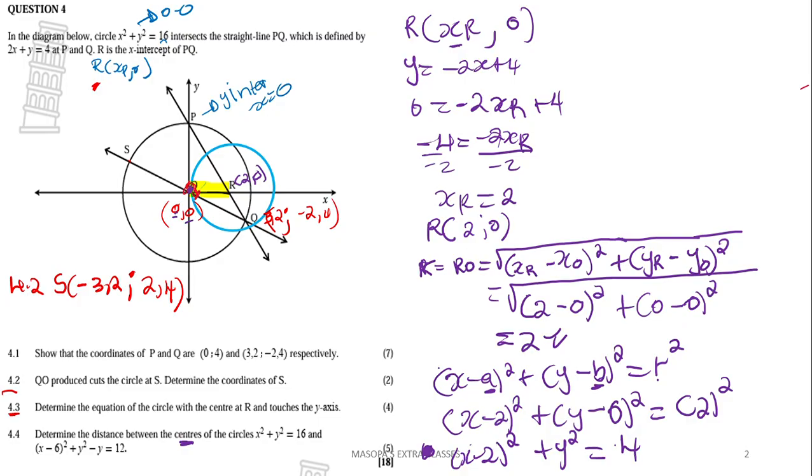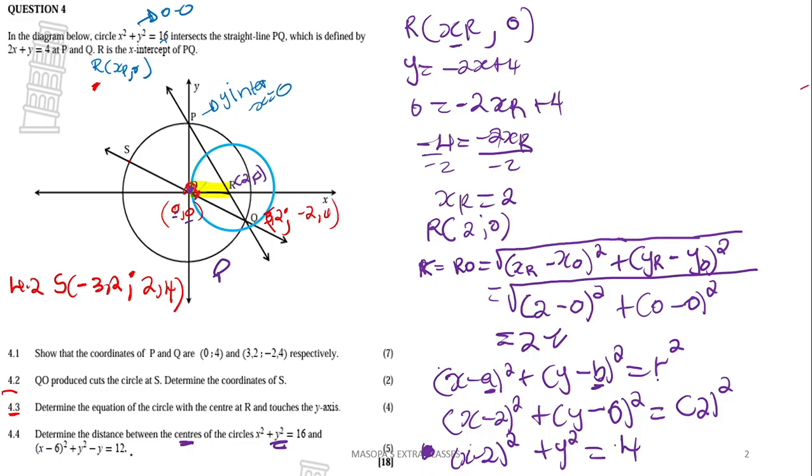So this is how we determine the distance between the centers of the circles, given x squared plus y squared is equal to 16, which is the initial one that we were given, and also x minus 6 all squared plus y squared minus y is equal to 12.